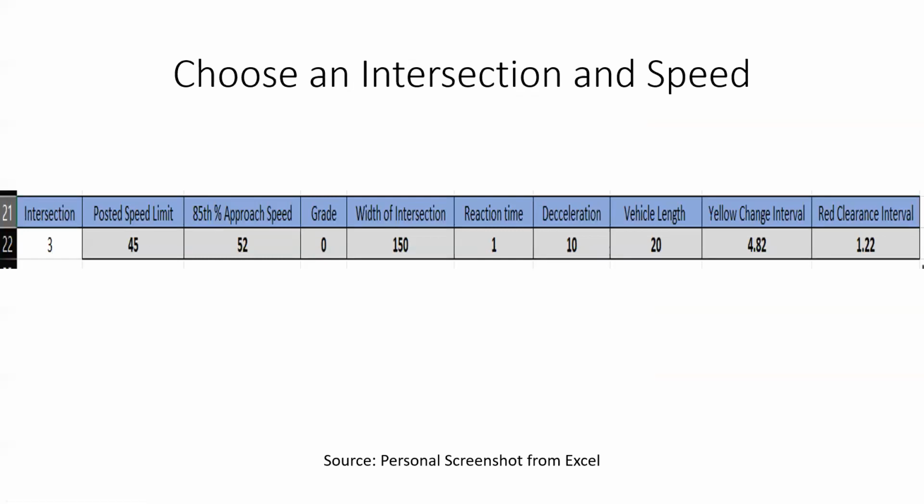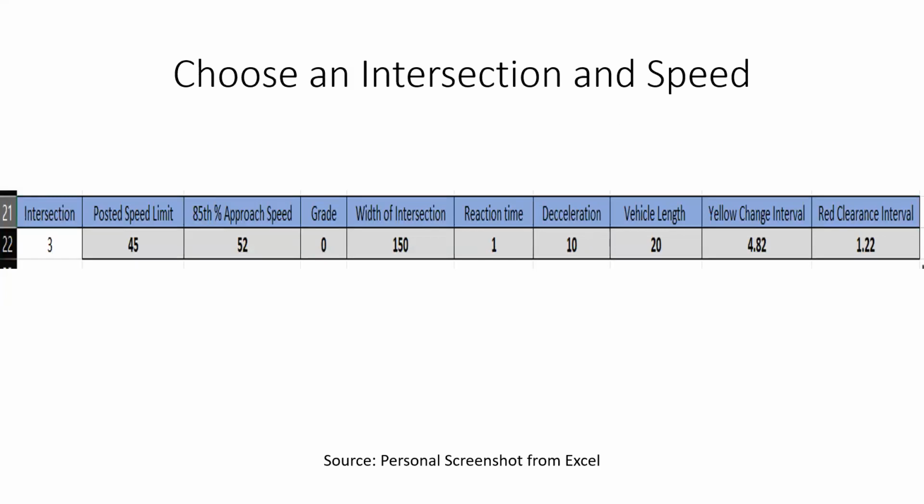Now we need to choose one specific intersection at one specific speed to incorporate into our Tinkercad stoplight. I'm choosing intersection 3, which has a width of 150 feet at a speed of 52 miles an hour adjusted. This would be a posted speed limit of 45 miles per hour.